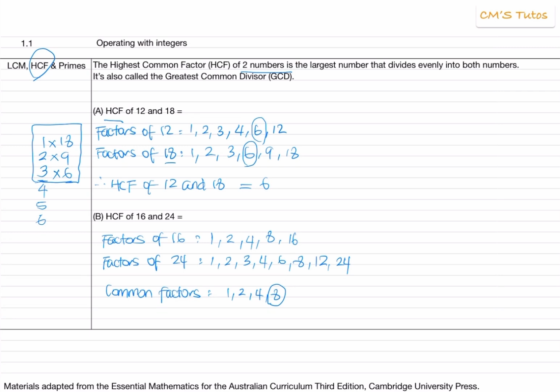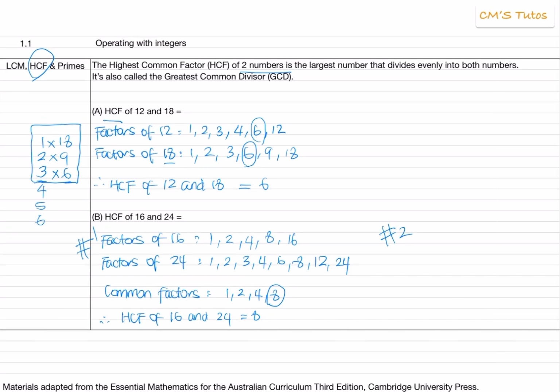An 8. So therefore, HCF of 16 and 24 equals 8. So that's one way to solve HCF of 16 and 24. There's also another way.